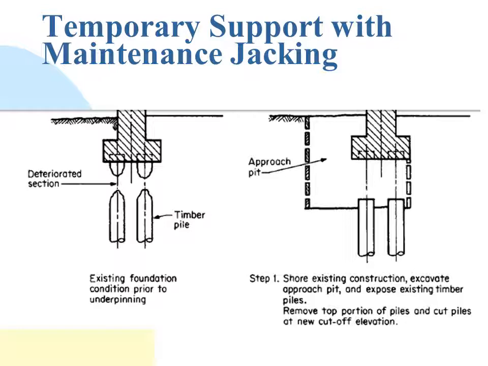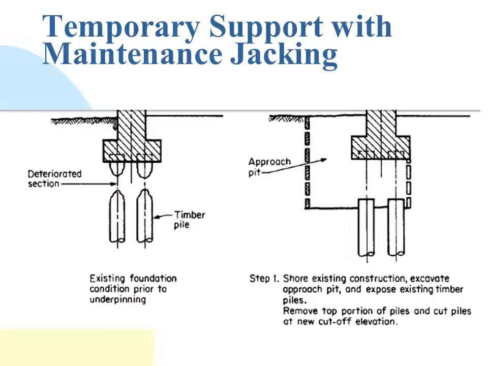In such a case, we will be simply demolishing these piles, of course, with a specific sequence. But of course, before doing that, you need to shore the structure. You need to shore the footing first in order to have a temporary support for it.